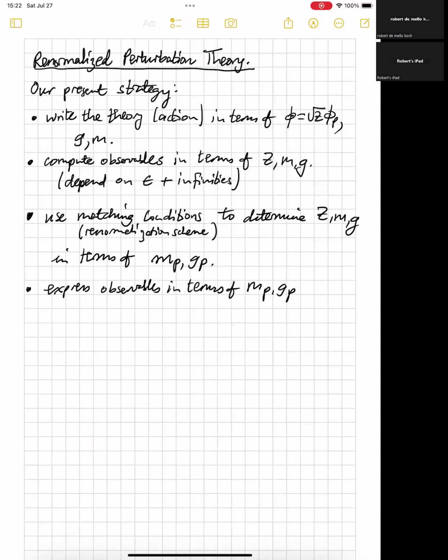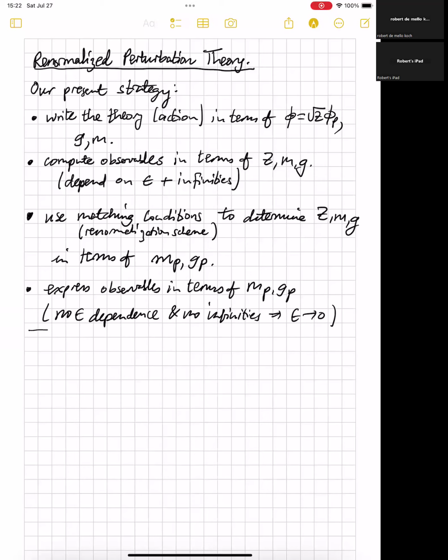And once you've done that, the answer that you get has no epsilon dependence. So it's a trivial thing to let epsilon tend to 0, and there's no infinity, so you can go back to 4 dimensions. There are no infinities, so you can easily let epsilon go to 0, which means you remove the regulator. So that's what we've been doing up to now.